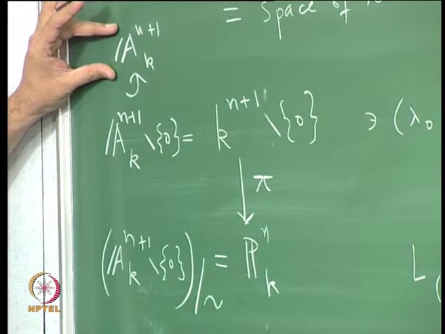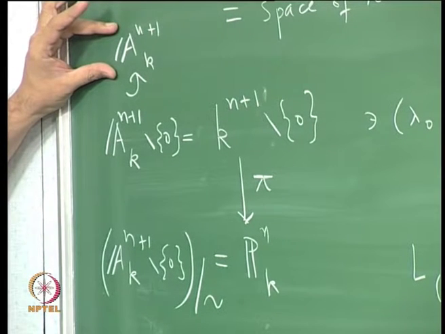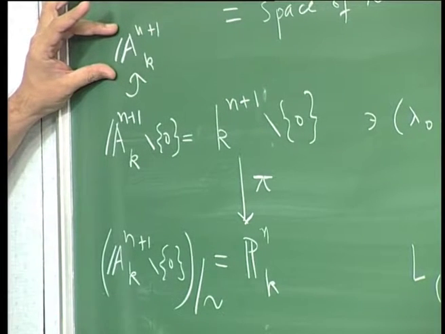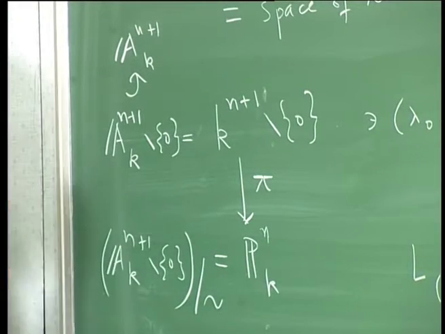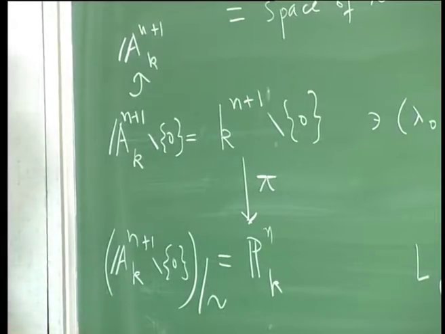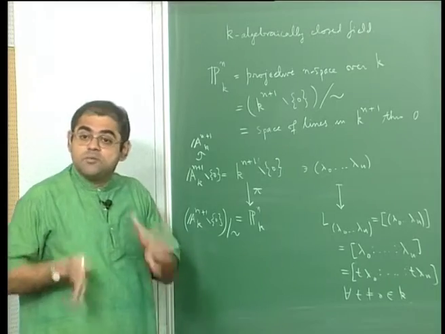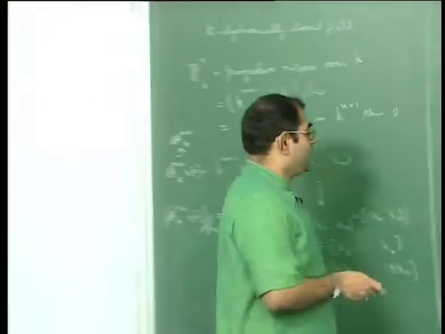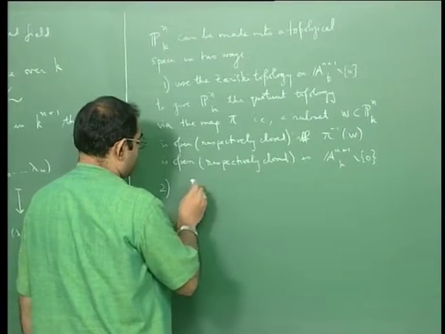While in affine space the closed sets are given by common zero loci of a bunch of polynomials, in projective space the closed sets, or the algebraic sets, are given by common zero loci of a bunch of homogeneous polynomials. So here is the second definition.